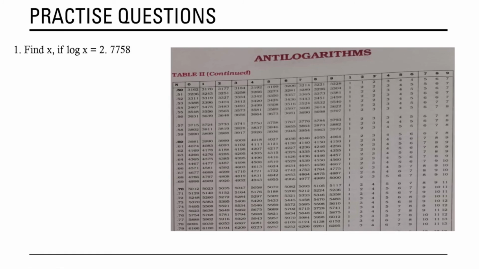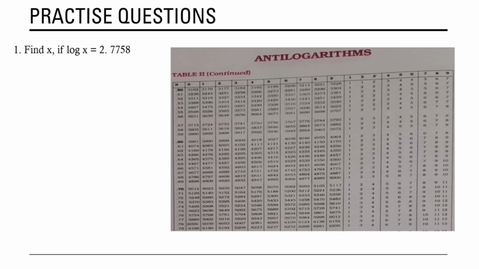The first one: find x if log x is equal to 2.7758. We have to verify first whether our mantissa is positive or not. So our mantissa is positive.